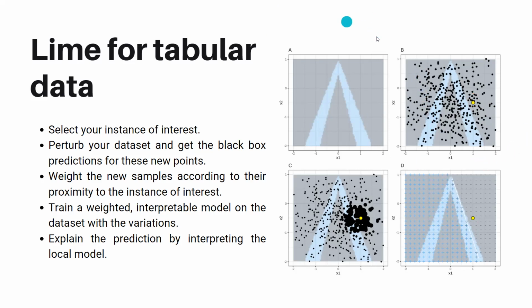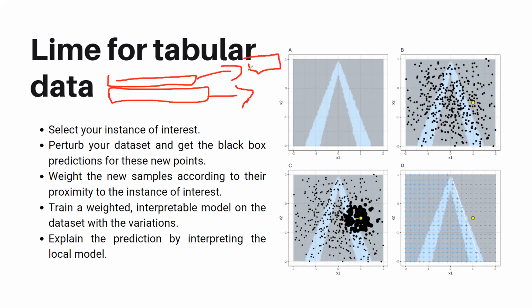And then each one of these new random samples, we send to our black box model. So our model makes predictions on these new samples. Then we use these new samples to train the new simpler model, which is the logistic regression.